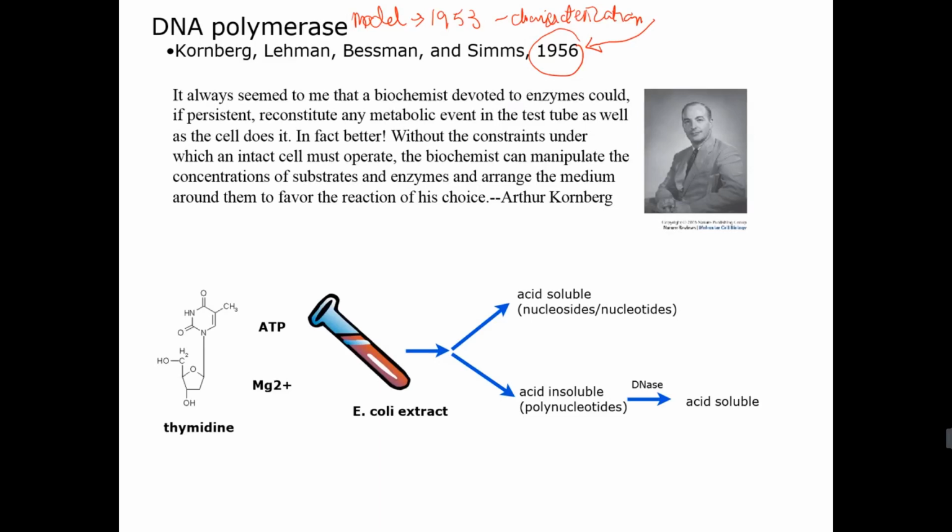Arthur Kornberg, shown here in this figure at the top, was very much a hardcore biochemist. He really believed in the power of in vitro reactions to elucidate enzymatic reactions, and perhaps even to a fault. He points out that without the cellular constraints, you can really push reactions to do what you want them to do by manipulating substrate and enzyme concentrations.